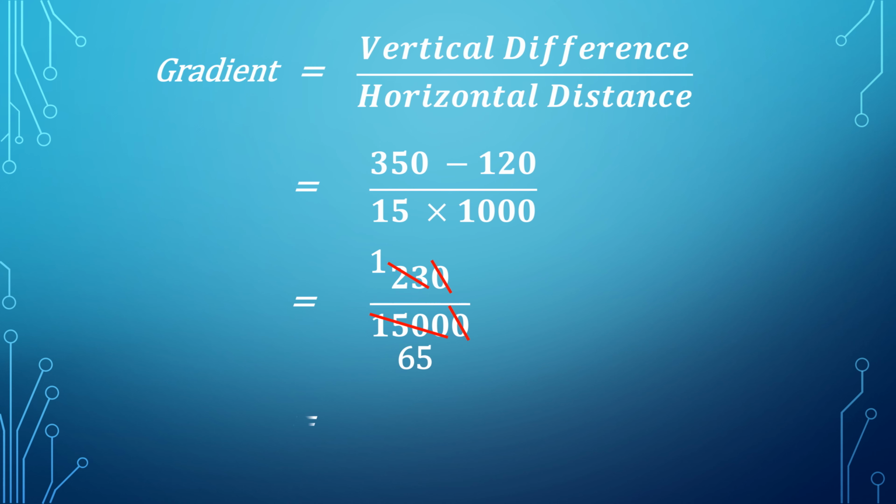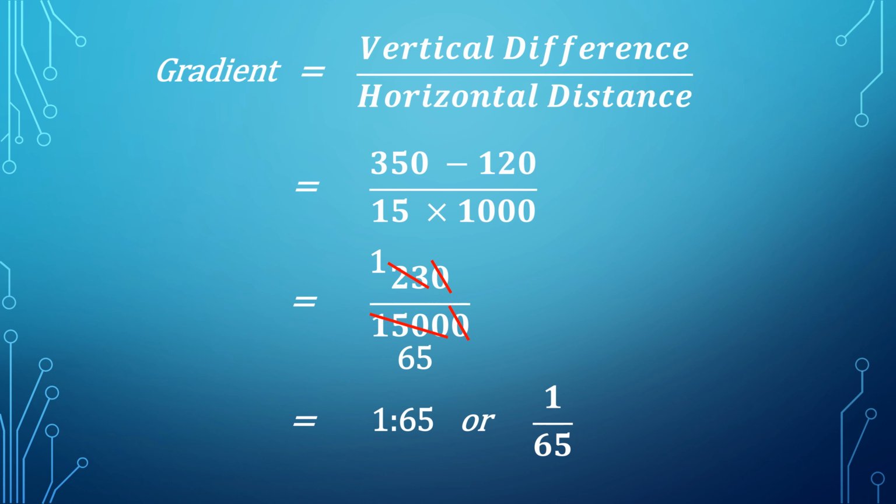Therefore, our gradient will be 1 to 65, which is the ratio, or 1 over 65, which is the fraction. Remember, students, we can actually convert or present our answer either as a ratio or a fraction. All right? So when we work it out, we get either 1 to 65 or 1 over 65.